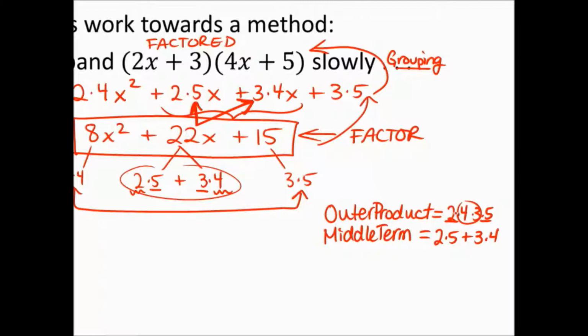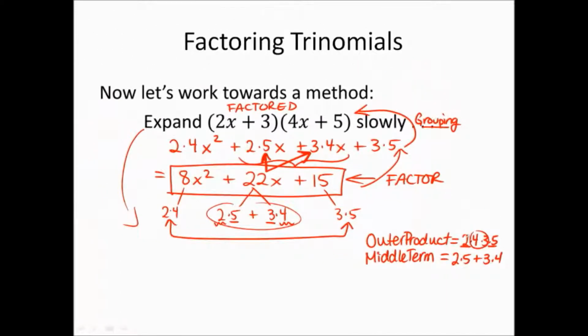So somehow we need to notice that when we go 8 times 15, 8 times 15 is 120. We want to somehow get 10 plus 12. Notice that 10 times 12 gives us 120, and 10 plus 12 gives us 22. Hey!